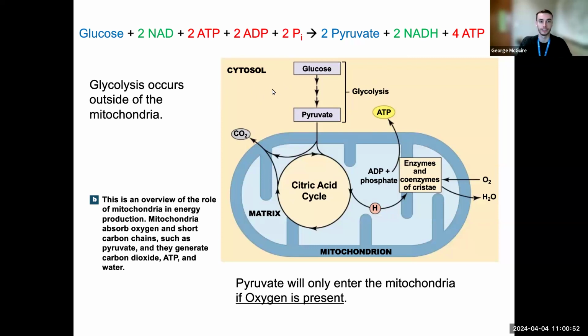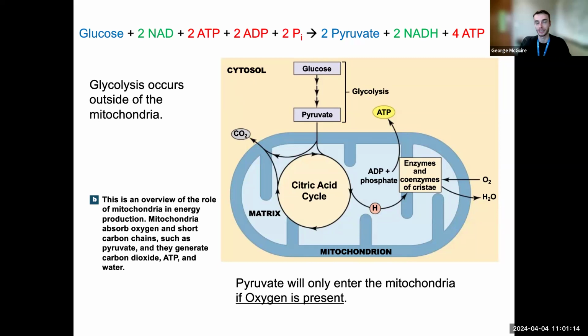So all of the semi-fluid aqueous space that is in between all the organelles in a cell, that is the cytosol. The cytoplasm includes the cytosol and all the organelles. So that's that separation.